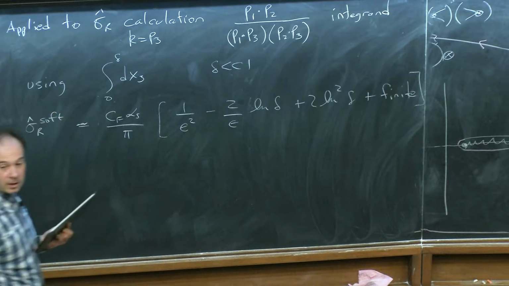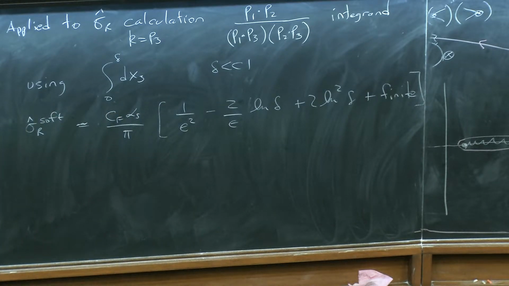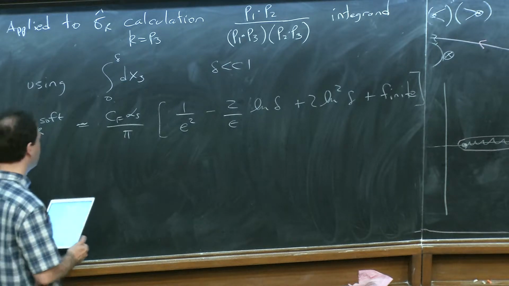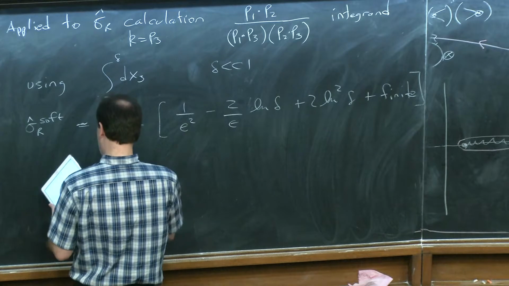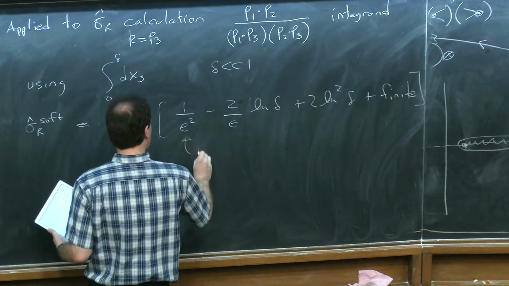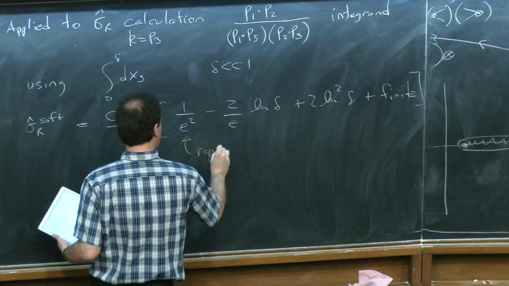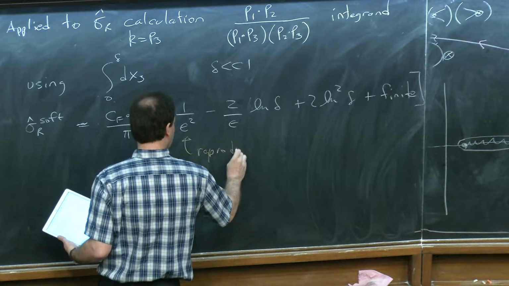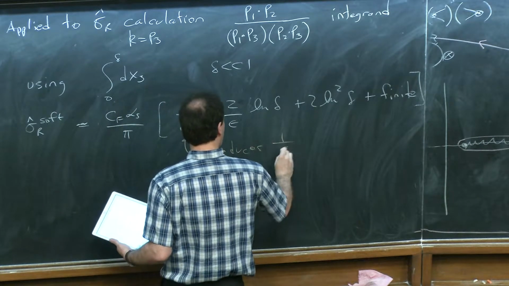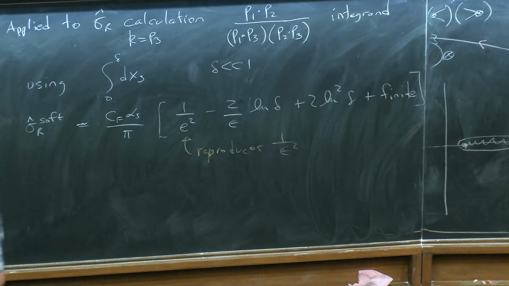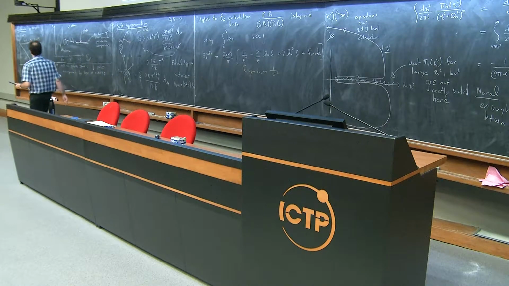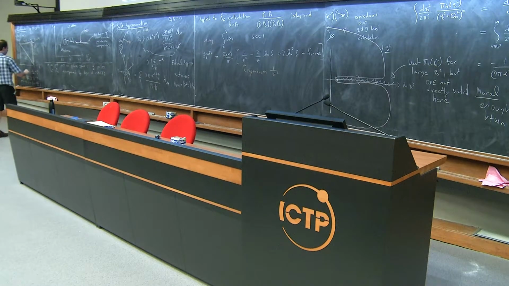So this is what it would look like. And this is the idea that these 1 over epsilons are now coming with logarithms of that extra cutoff that ensured that I was in the soft approximation. So in the soft limit, that's where this 1 over epsilon squared came from, and the 1 over epsilon squared that I had in the calculation over here got reproduced by just that approximation.